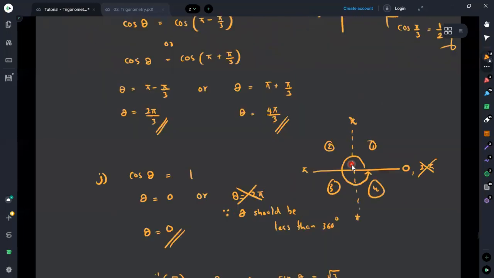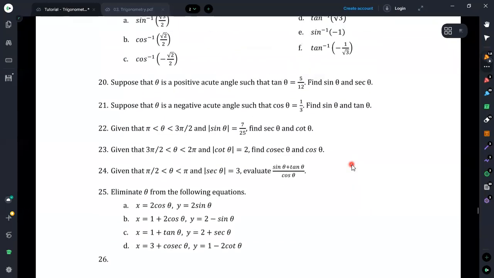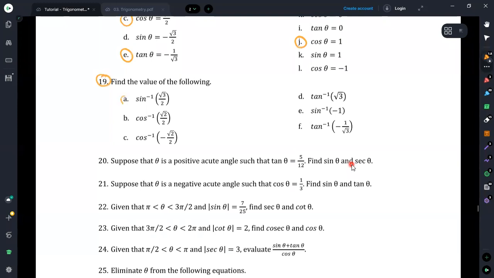Now I will move to the discussion of question number 20. Here I have just discussed the first three only. At question number 20, suppose that theta is a positive acute angle such that tangent theta is equal to 5 over 12, and we are asked to find the value of sine theta and sec theta.